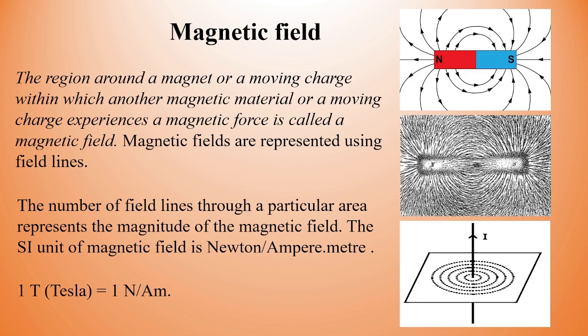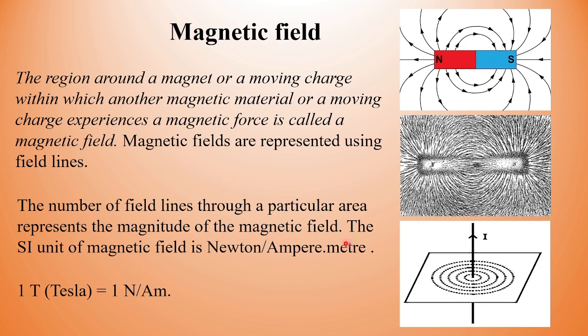If the intensity of the magnetic field is larger, the number of field lines passing through that region will be high. If the magnetic field is less, the number of lines will also be less. So the number of field lines through a particular area represents the intensity, or magnitude, of the magnetic field.